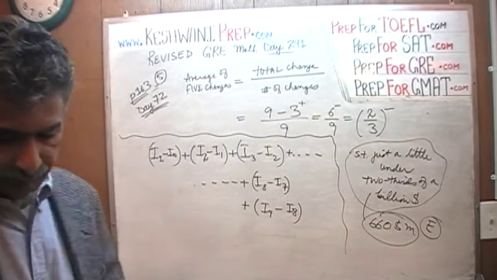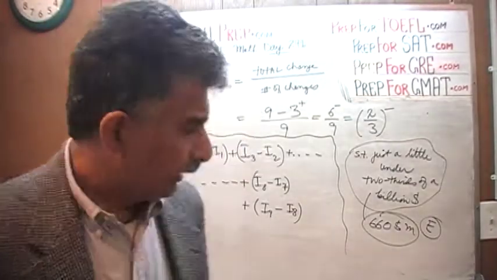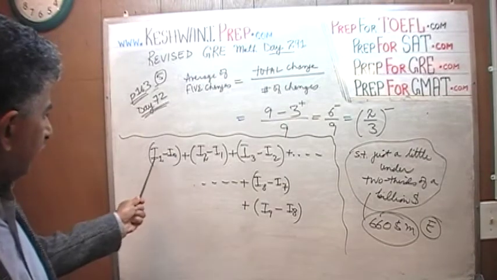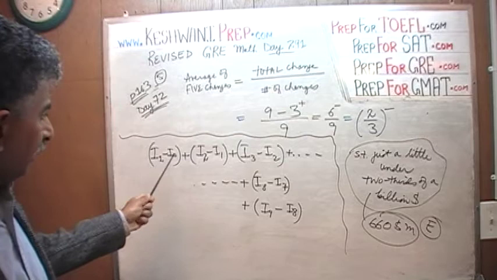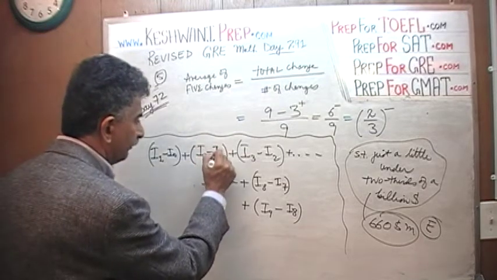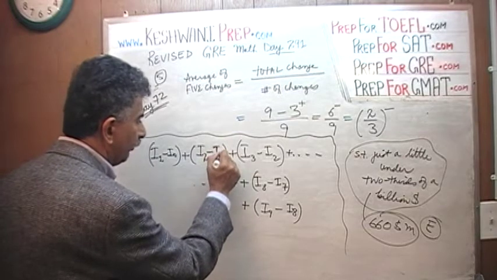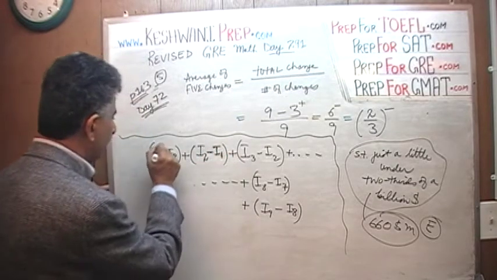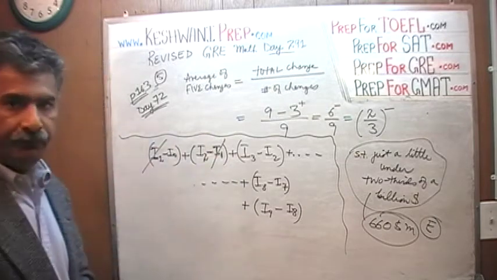Now watch what happens. As you start adding up all the changes here, what we should realize is that here I see the imports of 2001 and here I see the imports of 2001. This is a negative figure, here I have a positive figure. These two are going to cancel each other out.